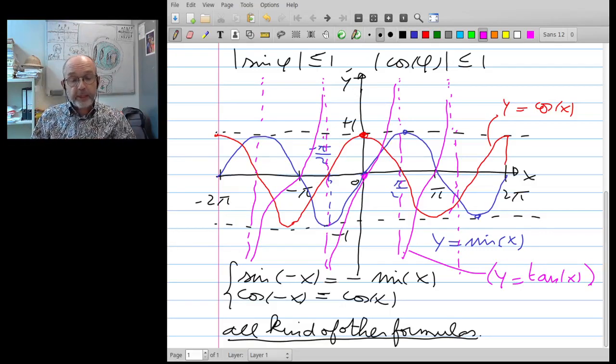When the cosine becomes 0, the tangent goes to infinity or minus infinity. It just depends on from what side you come. Keep in mind.